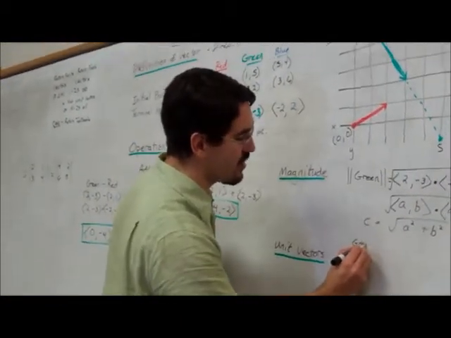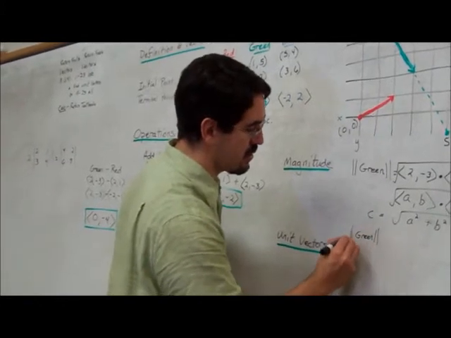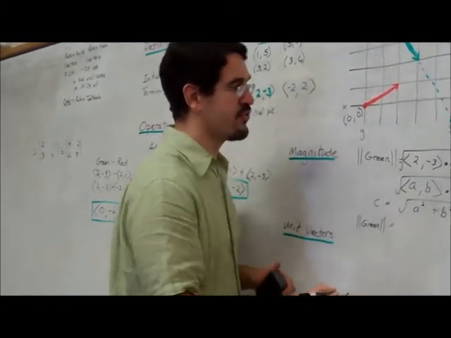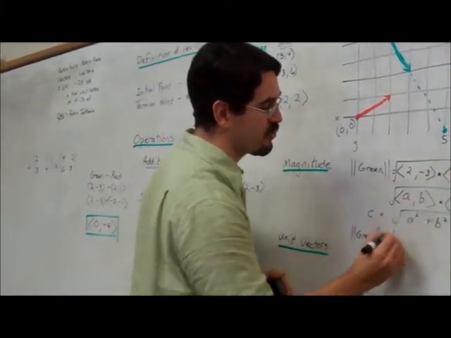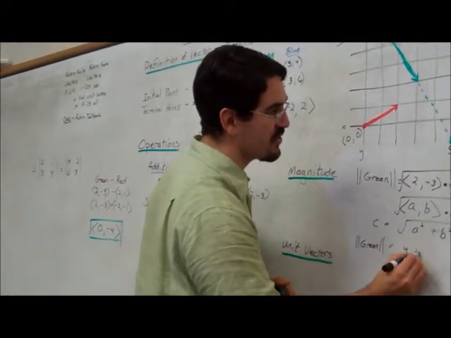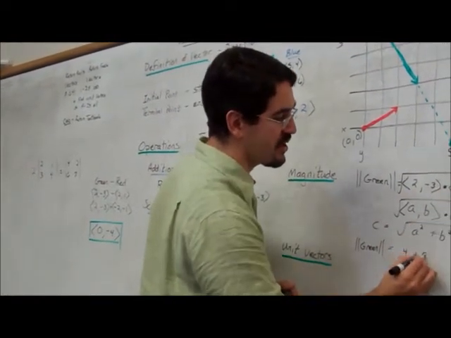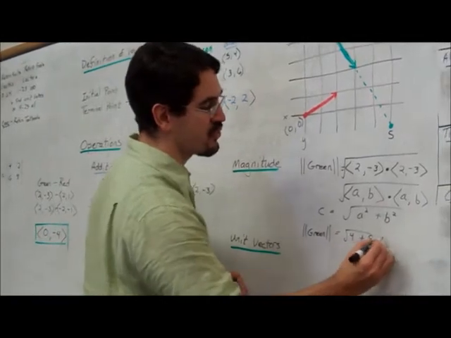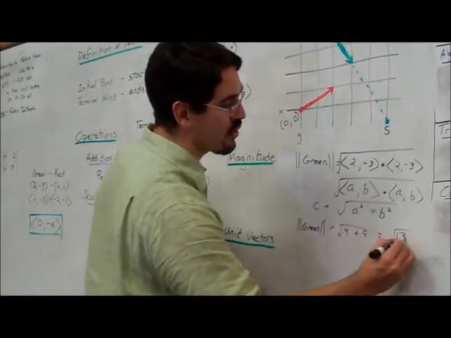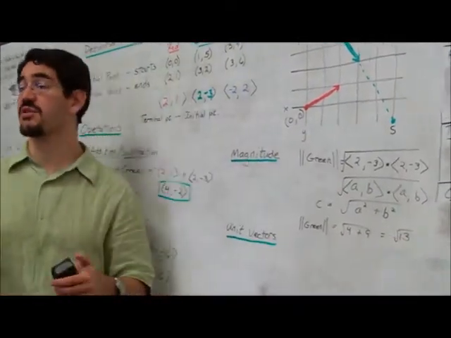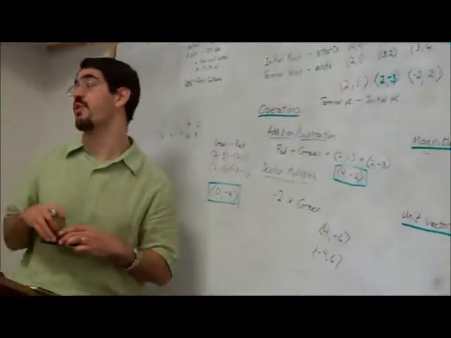So the magnitude of the green is equal to 2 times 2, which is 4, plus negative 3 times negative 3, that's 9, all in square root. Square root of 13. Does anybody have a calculator super handy to crunch that number for us?